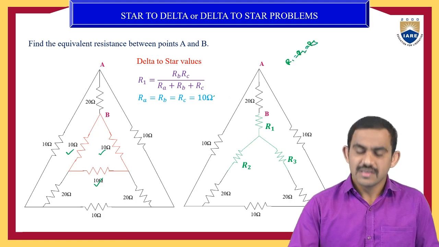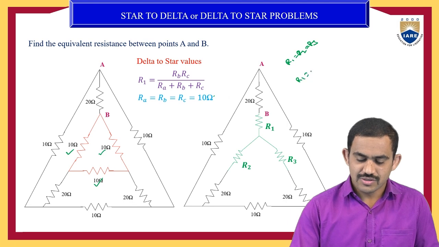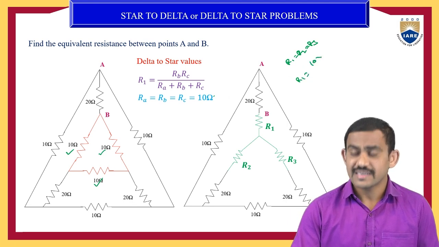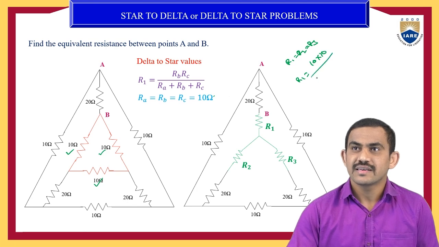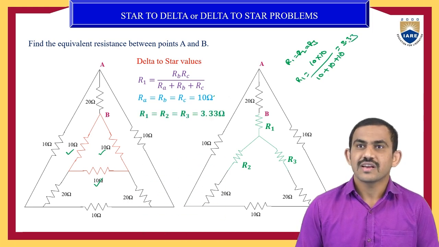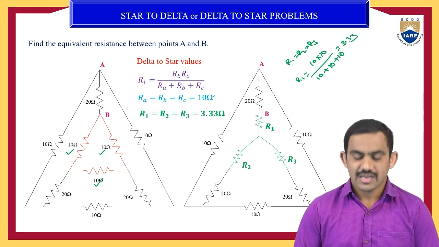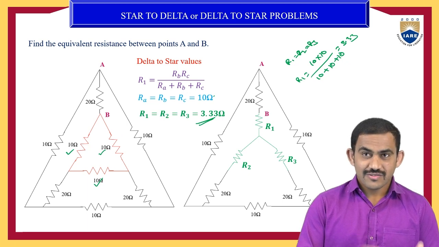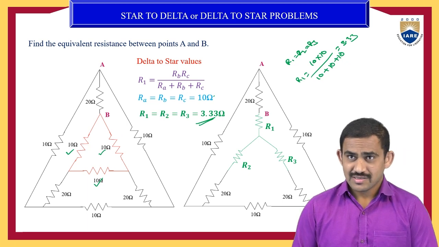What is the formula? R1 equal to, so 3 resistors same means 10 into 10 by 10 plus 10 plus 10. We'll get 3.33. So your R1 equal to R2 equal to R3 equal to 3.33. Simple.